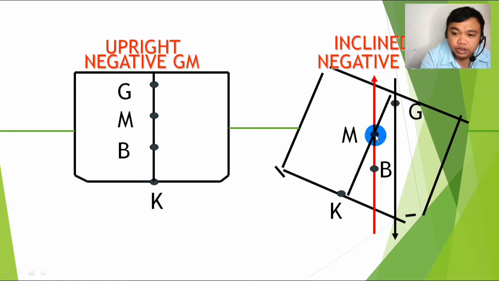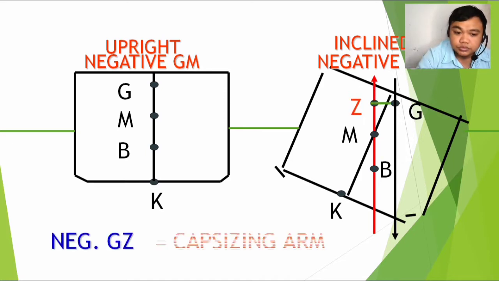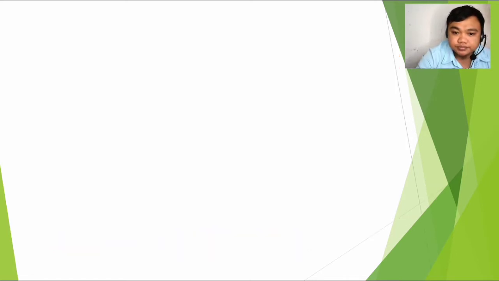So instead of helping the ship to become upright, it will add on to the moment where the ship will be tilted more. Okay? So if we have a negative GM, then we will also have a negative GZ. And it is not known anymore as righting arm, but instead capsizing arm.